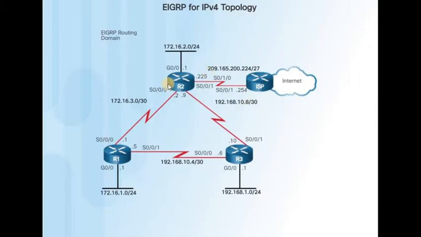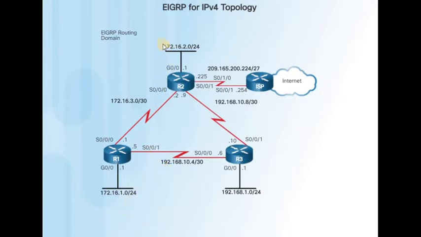Now, the routers in this topology already have a starting configuration. If you observe, all the IP addresses are already in place, particularly on the interfaces of the routers. However, there's currently no static routing or any dynamic routing configured on any of the routers.